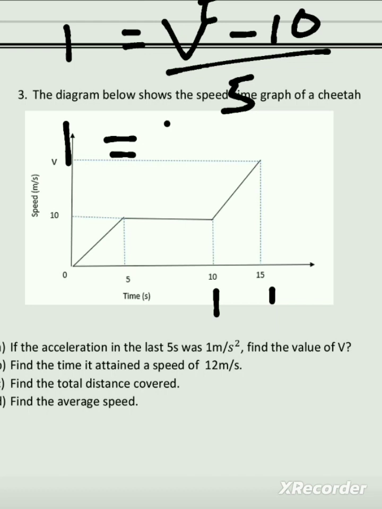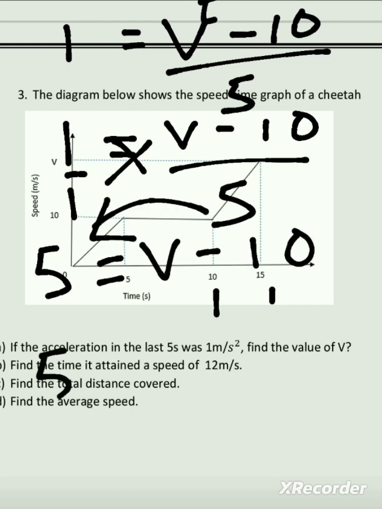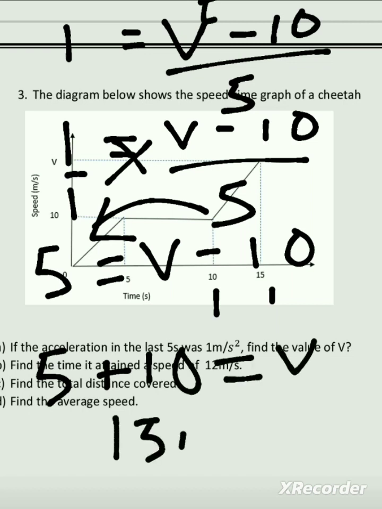We cross multiply: 1 times 5 is 5, and 1 times v minus 10 is v minus 10. When negative 10 goes to this side, it becomes 5 plus 10. So 5 plus 10 is 15 meters per second. That is v.